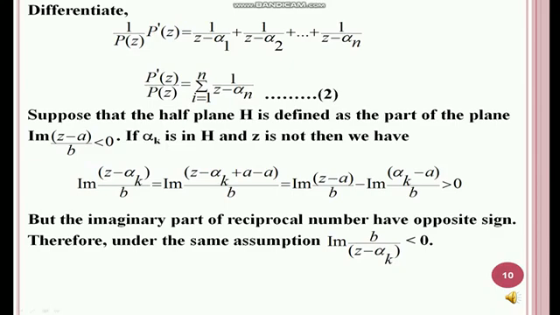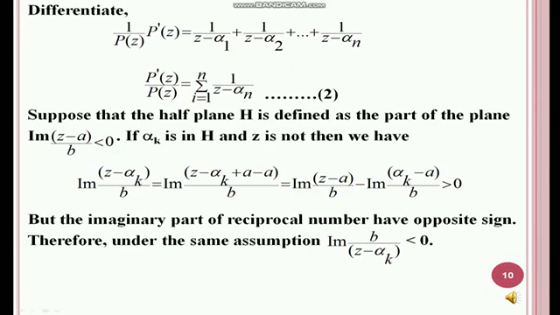We add and subtract a in the numerator. We get imaginary part of z minus alpha k plus a minus a divided by b. We separate the terms: imaginary part of z minus a divided by b minus imaginary part of alpha k minus a divided by b is greater than 0.